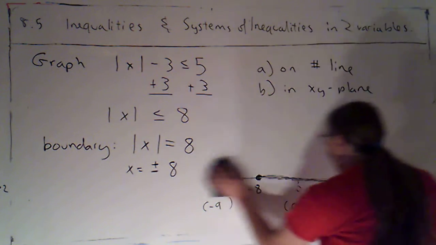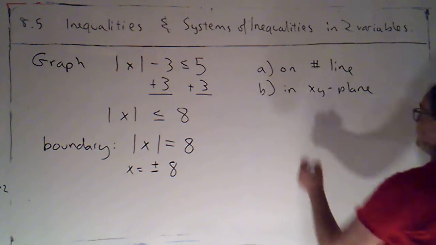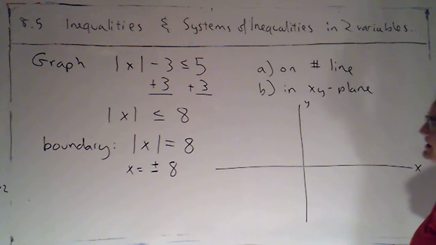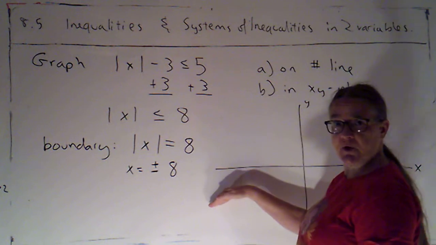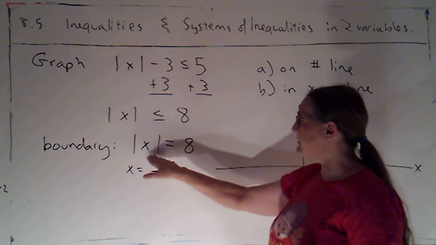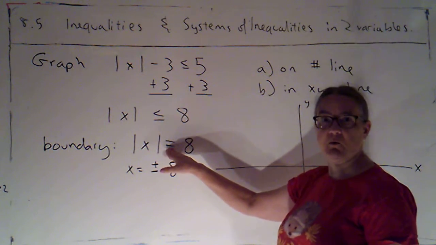All right, let's look at what this would look like in the xy plane. So now here's my two-dimensional plane. Now, the initial algebra that I would do is exactly the same. I would isolate the absolute value. I would say my boundary is what I get when I replace the inequality with an equal sign.